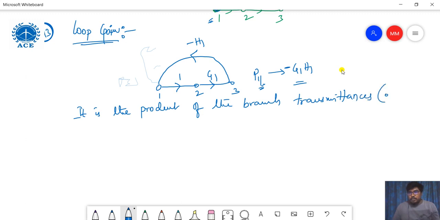Transmittance is nothing but gains, the transmittances or gains of a particular loop. So this is nothing but loop gain. The example is this one. Is it okay? Right, I will move to the next term.